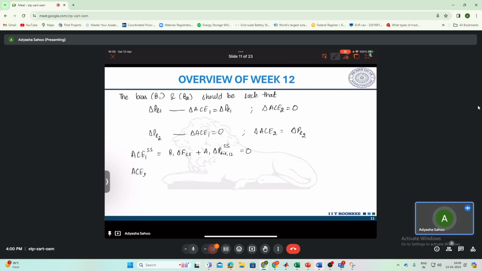And for the second area it should be B2 delta F steady state plus A2 A12 delta P tie 12 steady state should be 0.